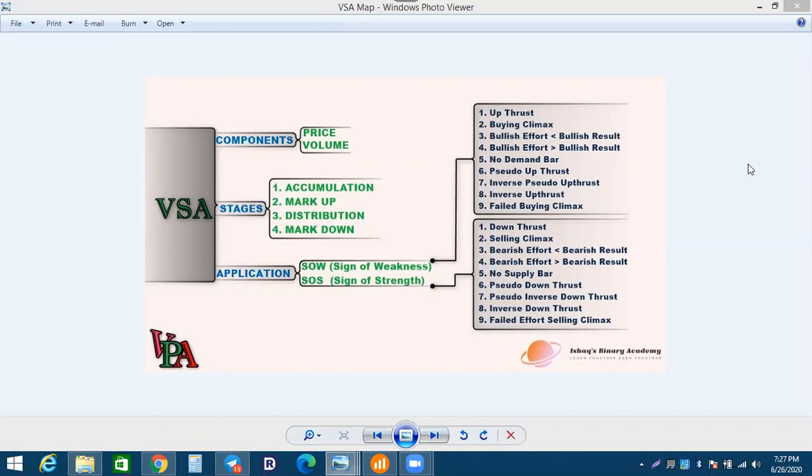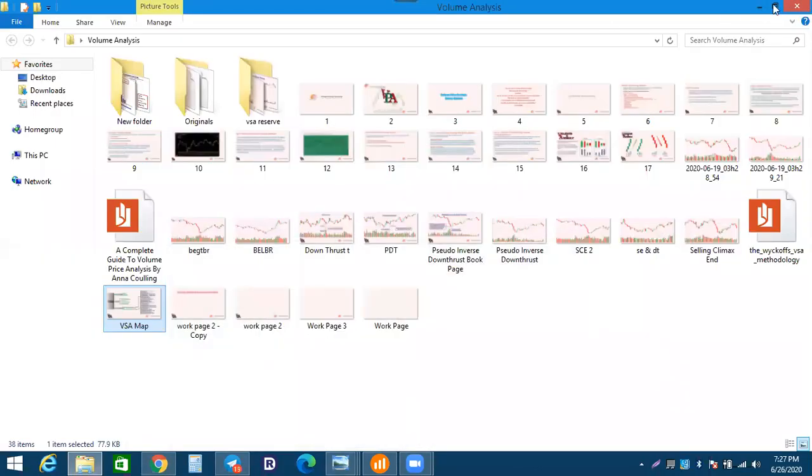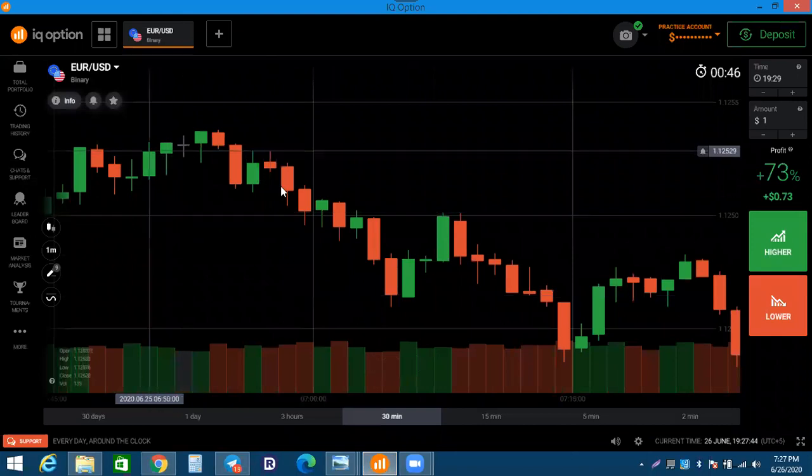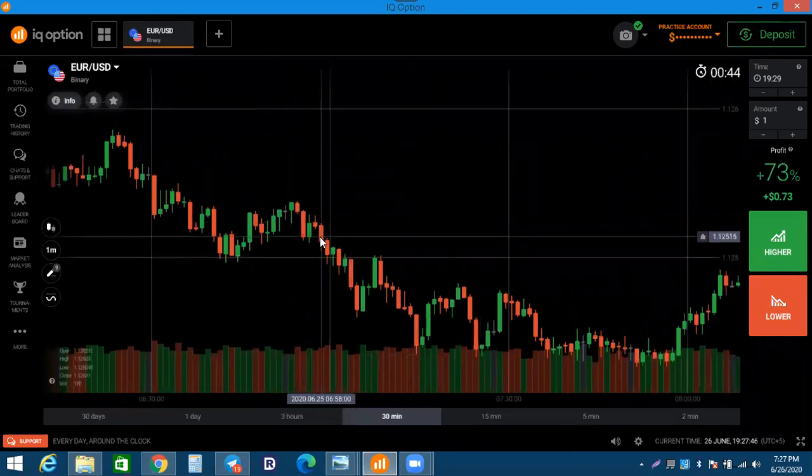Okay, what is volume and what is price? You know about the price, because you are a price action trader and know how price moves in the chart. But here again, these are the things I will cover, that price and volume, what they are. Okay, so you look at this chart, it shows the trend, it shows the green candles.